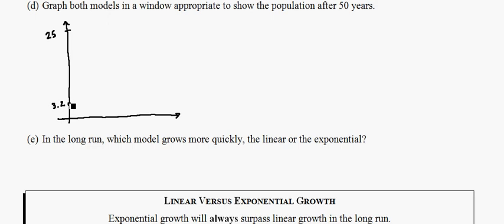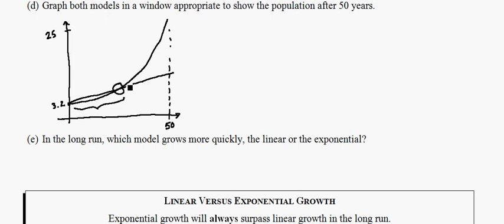The exponential model grows very quickly, to the point where we saw it was at about 23.9 thousand after 50 years. The linear kind of does something like this, and I know I'm exaggerating this, but sometimes we do that. We could even speculate on what that crossing point is, but the linear is slightly more than the exponential at the beginning, and then they cross.